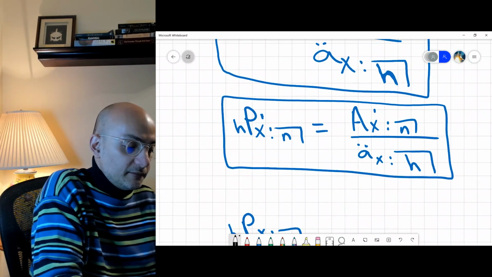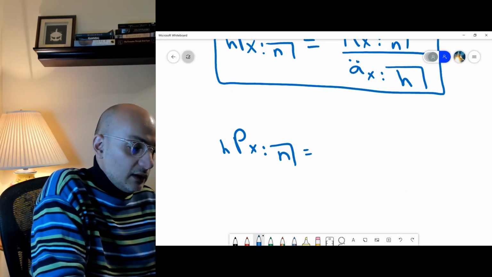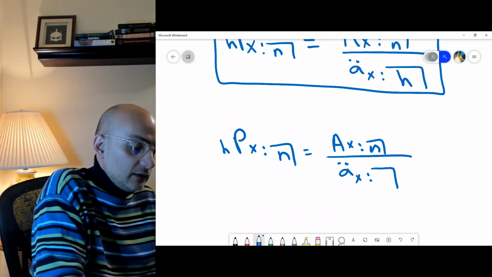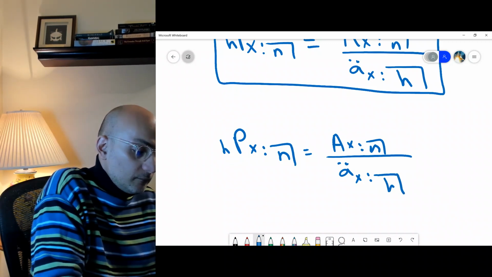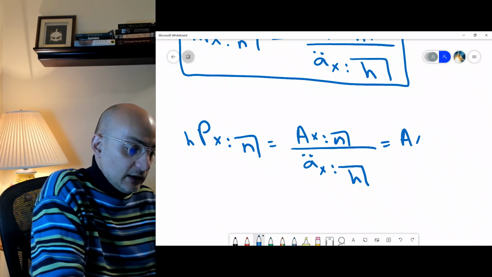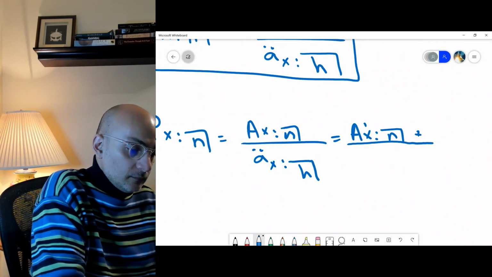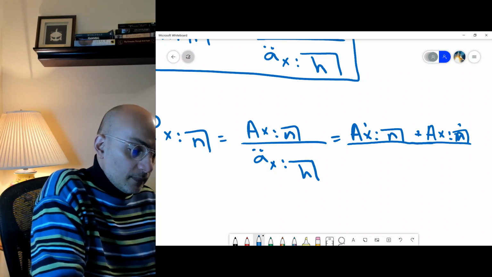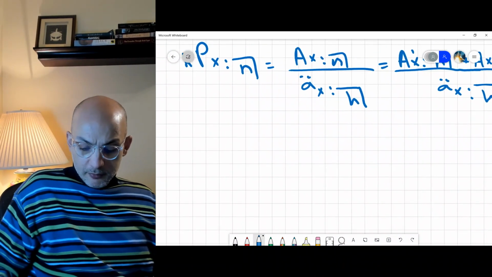This is the same logic here. It's A X N divided by A X, but not N, it is H. There is no 1 here. So many ways you can write it.